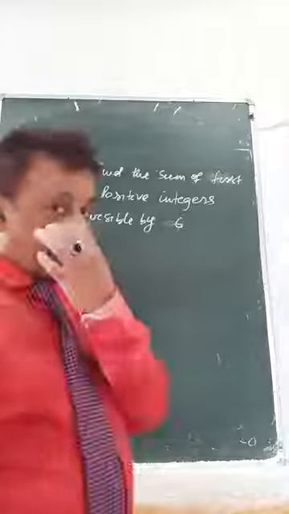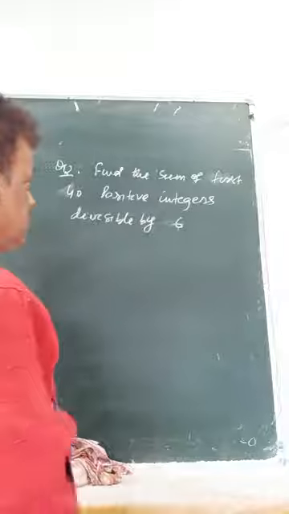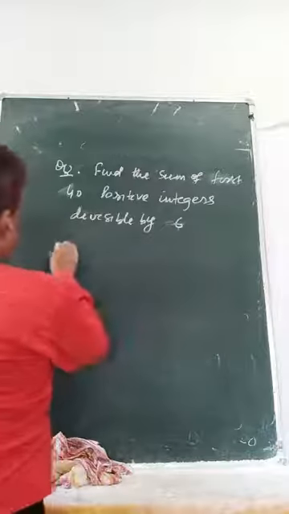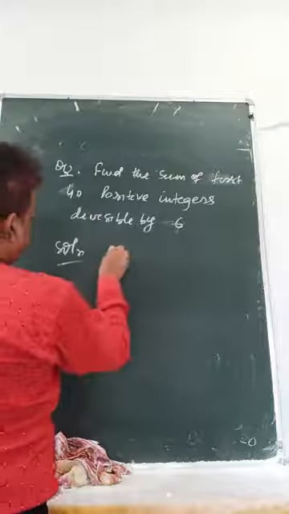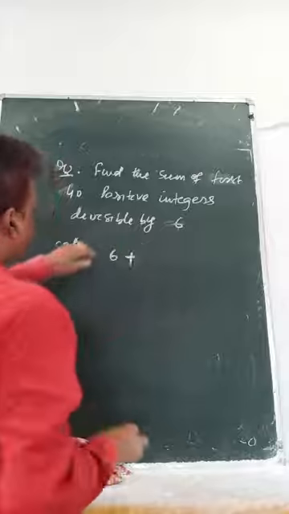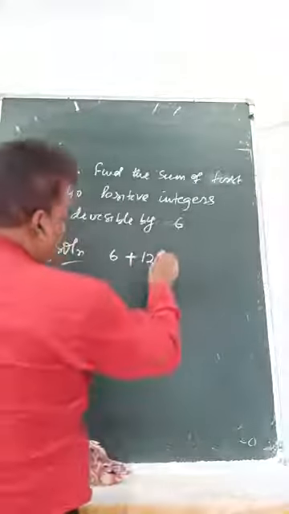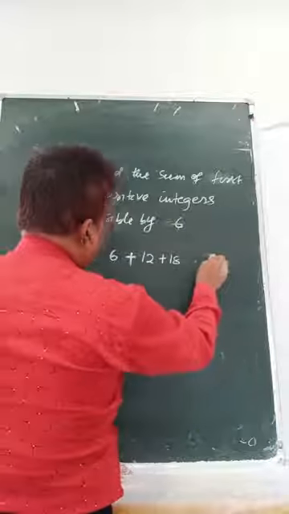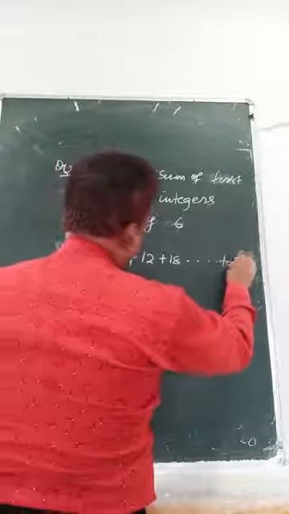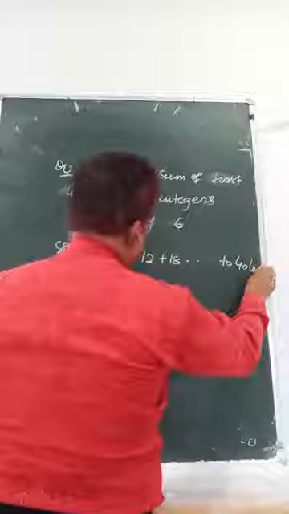Divisible by 6 means multiples of 6 you have to write. So the first term will be 6. The second term will be 6 plus 6, 12. 12 plus 6, 18. Like this up to 40 terms.